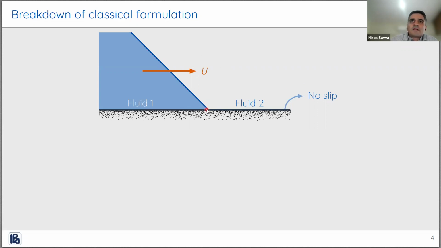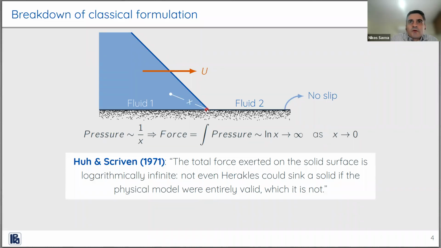In fact, mathematically, this means that if you look at the pressure, it goes like 1/x. And if you integrate the pressure to get the forces, you get logarithmically diverging forces as you approach the contact line. So this led to the famous paradox of Huh and Scriven, which said that the total force exerted on the solid surface is logarithmically singular, logarithmically infinite, and not even Heracles could sink a solid if the physical model were entirely valid, which is not.